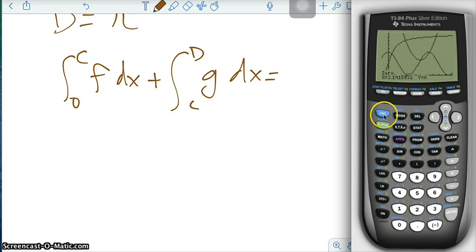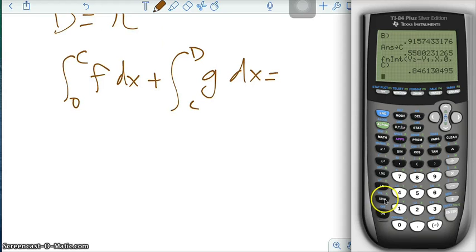So let's jump out really quick. Since we are looking for that, we can also store this as D, since I used the word D. So that's pi. Now let's do the integration. Let's go to 9 and enter.